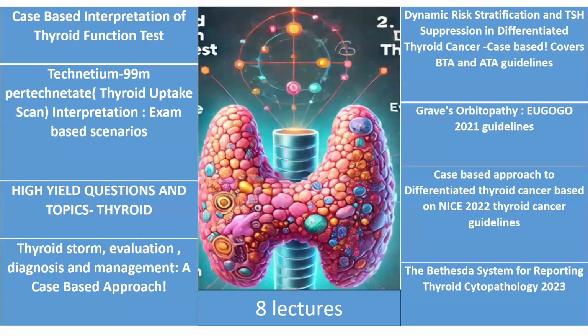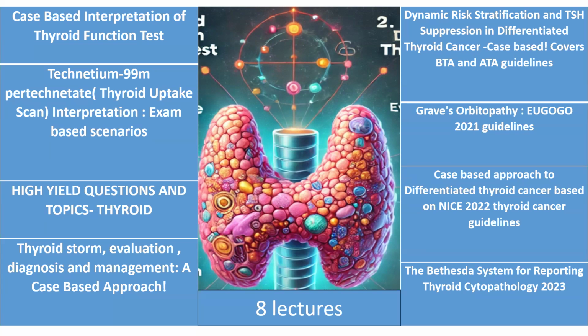As you're well aware, my Mastering Endocrine and Diabetes lecture series now comprises a total of around 85 lectures, covering different topics and frequently asked question scenarios in the exams.